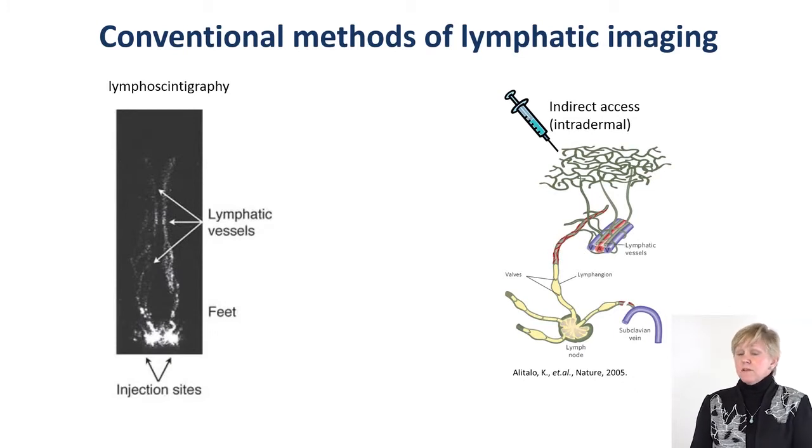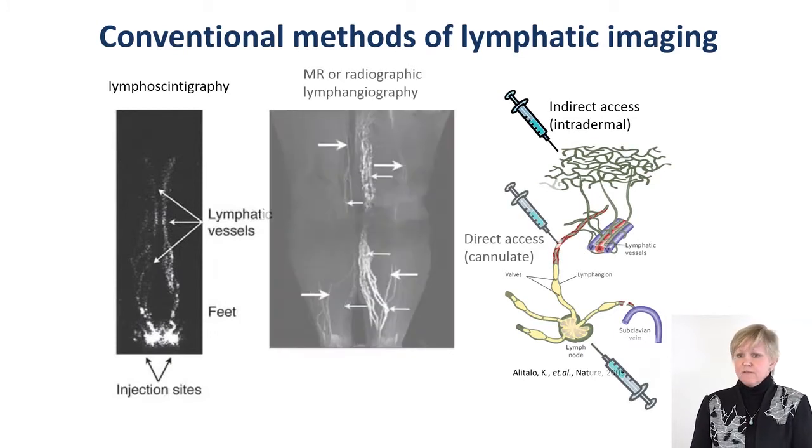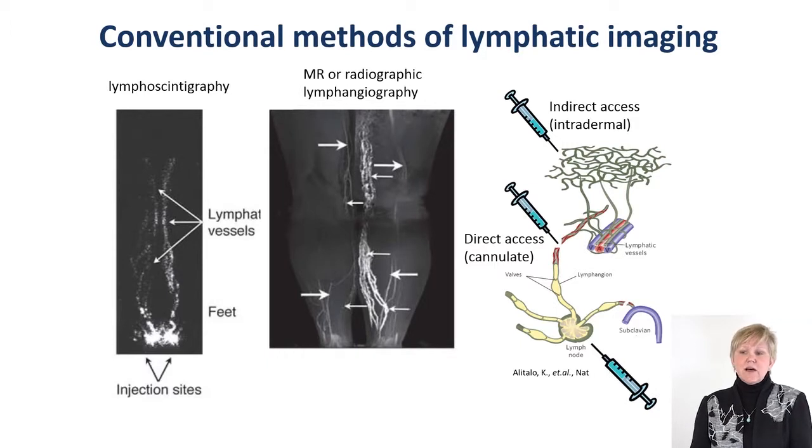We also do lymphangiography. Lymphangiography consists of either cannulating a lymph vessel or, under ultrasound guidance, injecting into a lymph node. Contrast media goes through the lymphatics, and it shows this beautiful picture that you can get on MR, radiography, CT, or X-ray.